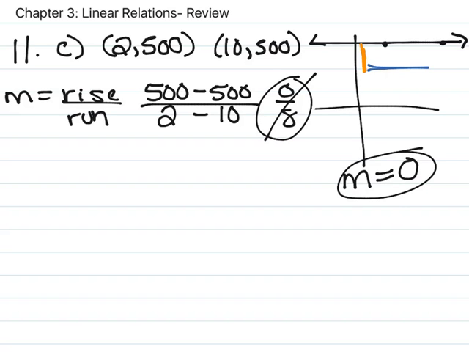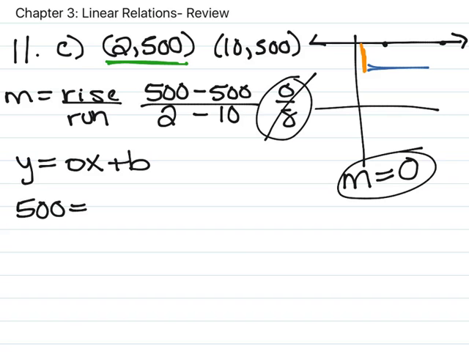So I'm going to choose the first one to plug it into, on the grounds that I've been choosing the second one a lot, but you could choose the second one, it doesn't make any difference. So y is equal to 0 slope plus b. So plugging in, we end up with 500 is equal to 0 times 2 plus b.